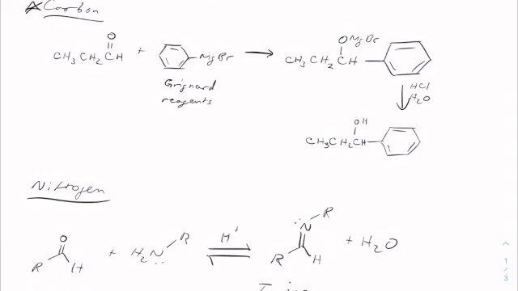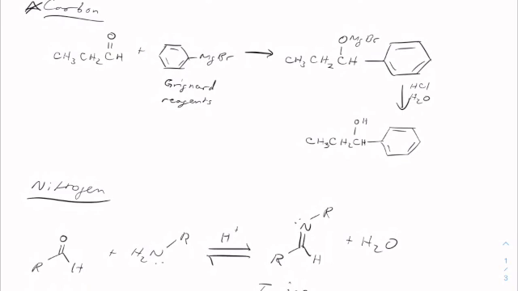And then with the addition of some hydrochloric acid and water, we can get rid of the Grignard reagent part, the Mg and the Br, and replace it with an H, creating an alcohol. So we have created an alcohol from our original carbon chain that had just an oxygen beforehand, and we've also lengthened our carbon chain to include that ring structure.